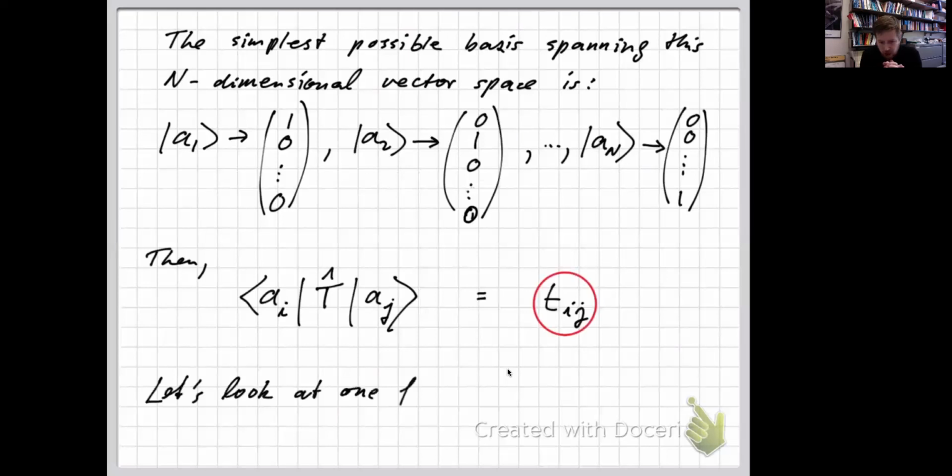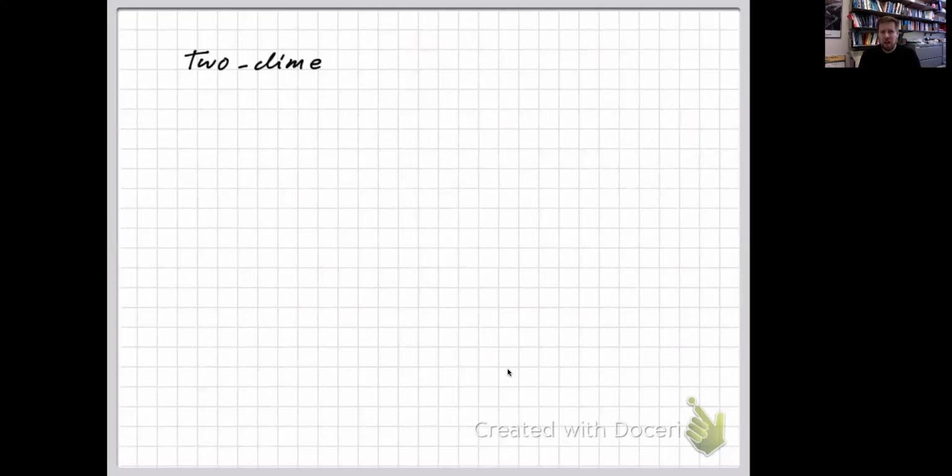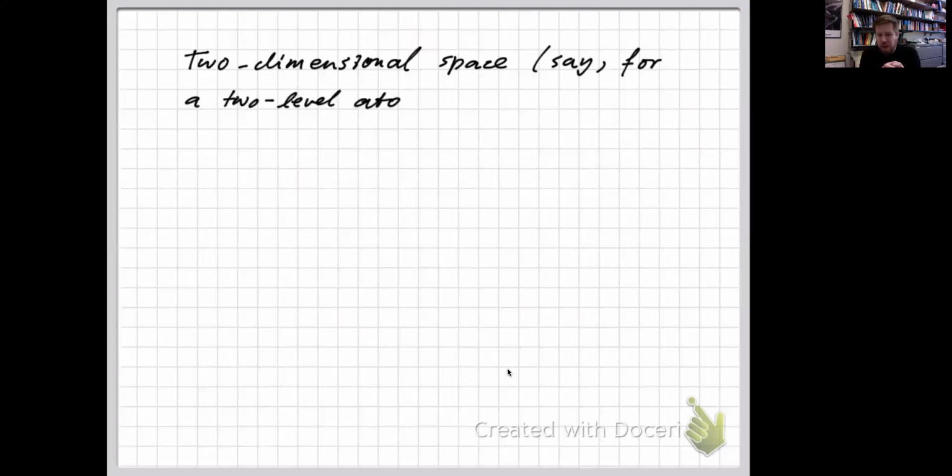So let's look at an important example to wrap this up. I want to go down to two dimensions because it's just the easiest. So again, we are in two-dimensional space, and here maybe we can have in mind a two-level system, where the object can be in two states.